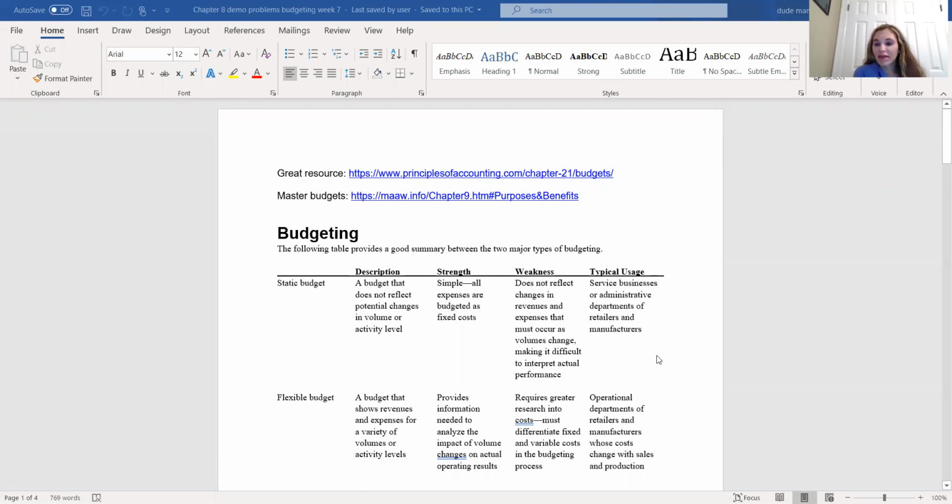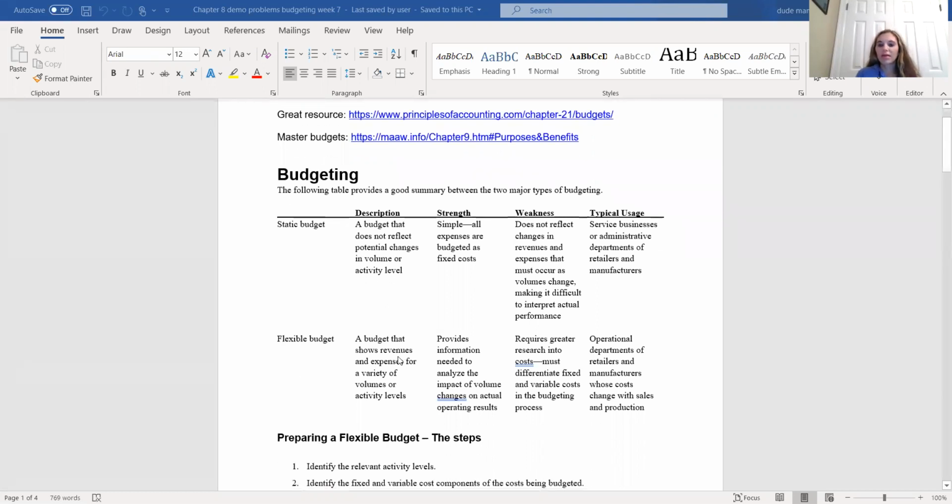All right. Now, in today's session, we were able to look at static budgets and flexible budgets and the benefits of both. As you can see here in this example, this is a comparison of static and flexible budgeting. As we discussed in our class today, the flexible budget is so beneficial in terms of allowing us to evaluate budgets at different volume levels.